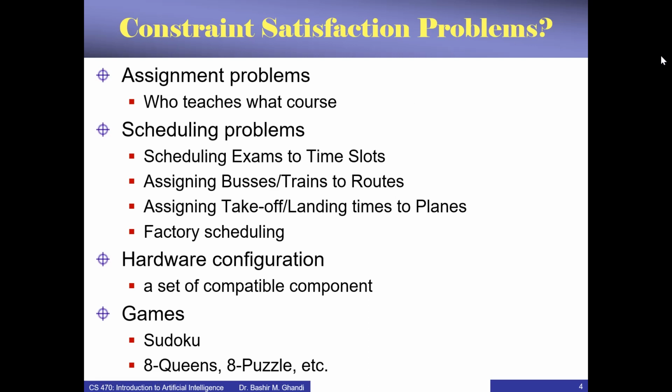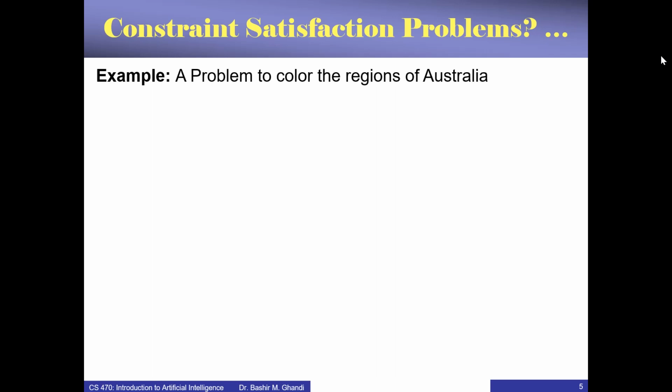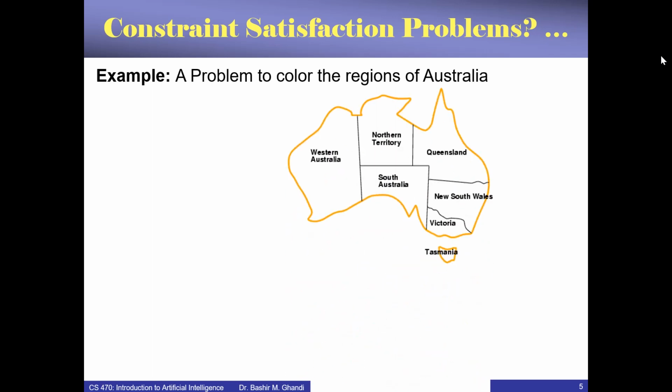Now, to make this clearer, let's take a specific example. Suppose we have a problem to color the map of Australia. We need to color each region with a different color. So you can think of the map of Australia as having these 7 regions.